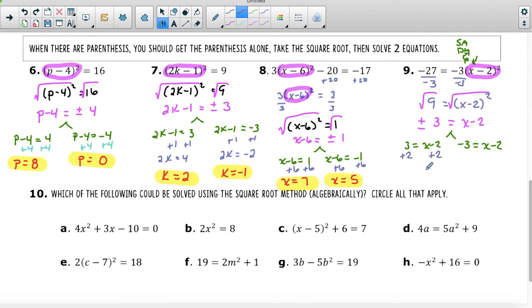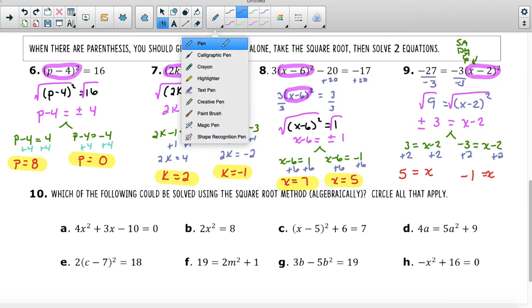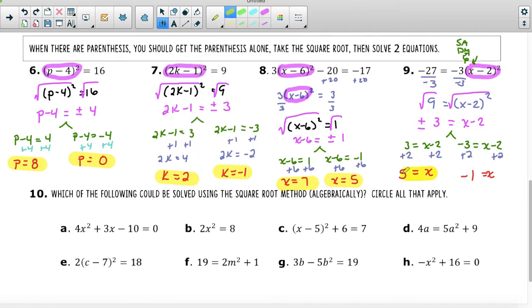We're going to have x is equal to 3 plus 2, which is 5. And for the second equation, we're going to add 2 to both sides to get our x by itself. We'll have x is equal to negative 3 plus 2, which is a negative 1. So our two solutions in this case are x equals 5 and x equals negative 1.